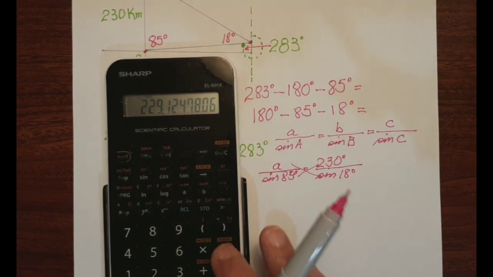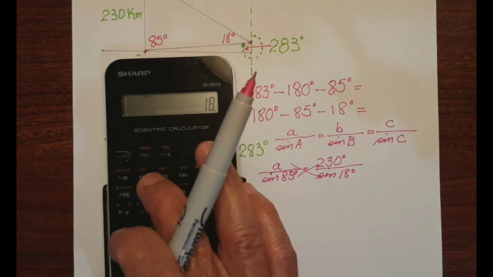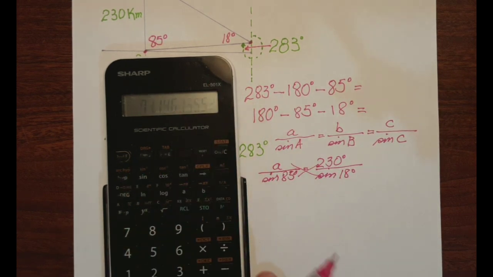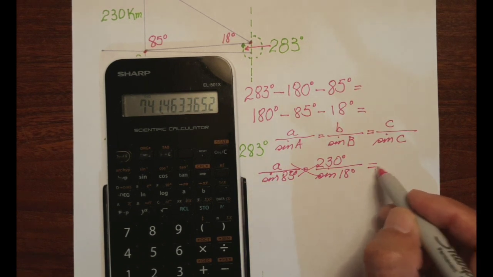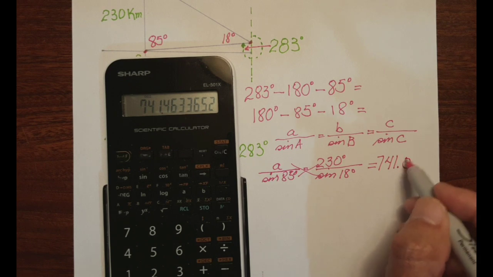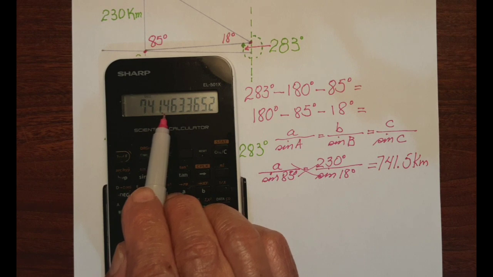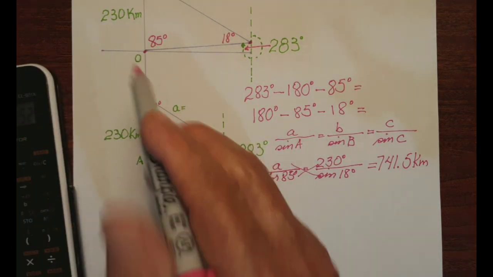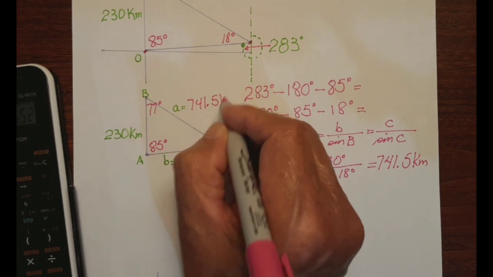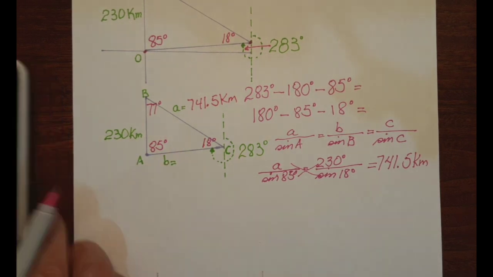We open parentheses, 18 sine, close parentheses, and then equals, and we get 741.5 kilometers. Okay, 741.5 kilometers.